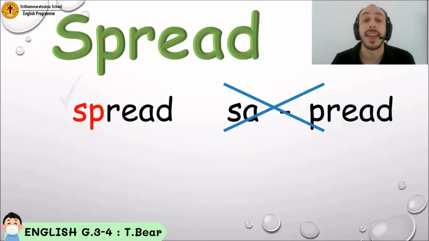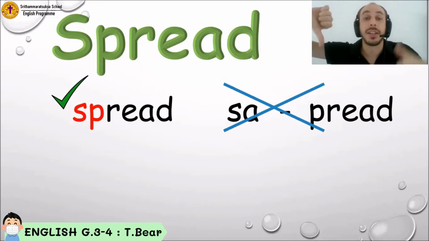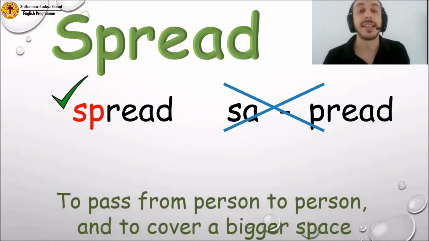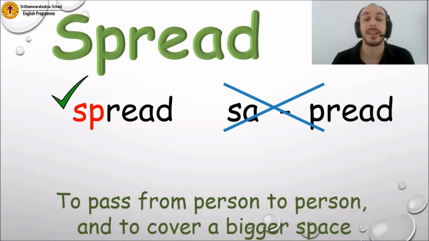We want to say that sp as one sound. Correct, spread. Incorrect, bread. Okay, let's be clear of what this means as well. This is when a virus passes from person to person and covers a bigger space.